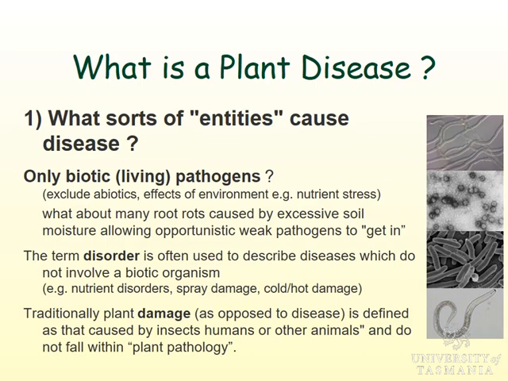In our plant pathology textbooks, as a plant pathologist, we tend to deal with living things only. So all those nutrient deficiencies, all those lightning strikes, all those too hot, too cold, frost, we tend to think of as disorders rather than diseases. Does that mean they don't damage plants?